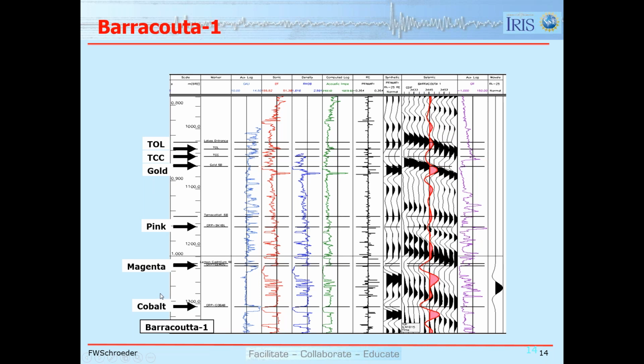And we can use the well seismic tie method to try to understand where on the seismic trace the top of Latrobe or the top of the coarse clastics or the gold sequence boundary or the magenta cobalt sequence boundary should be marked and then mapped around.